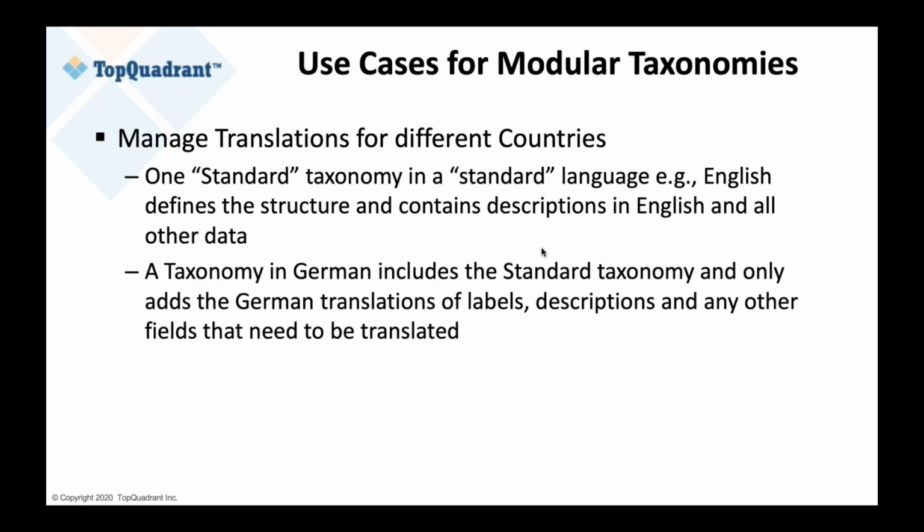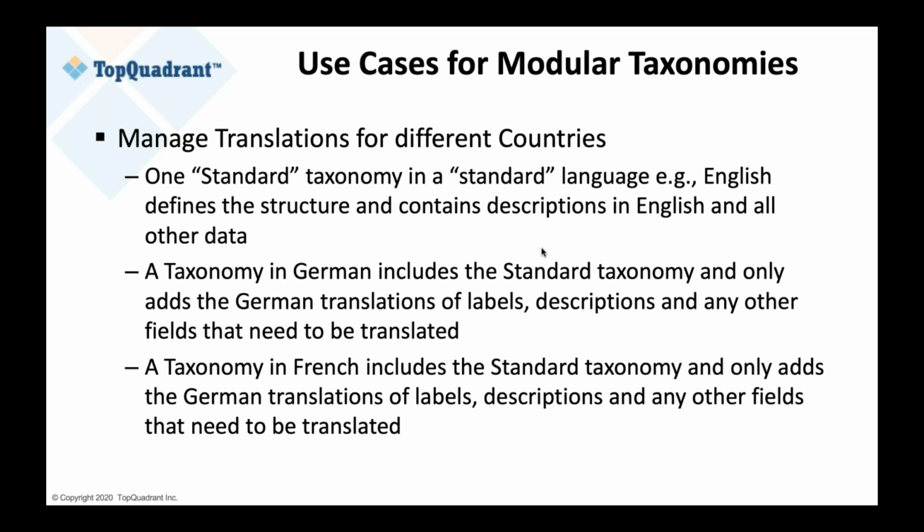Then you could create another taxonomy in German, and include in it the standard taxonomy, and the only thing you add are labels, descriptions, and other textual fields, translating it to German.